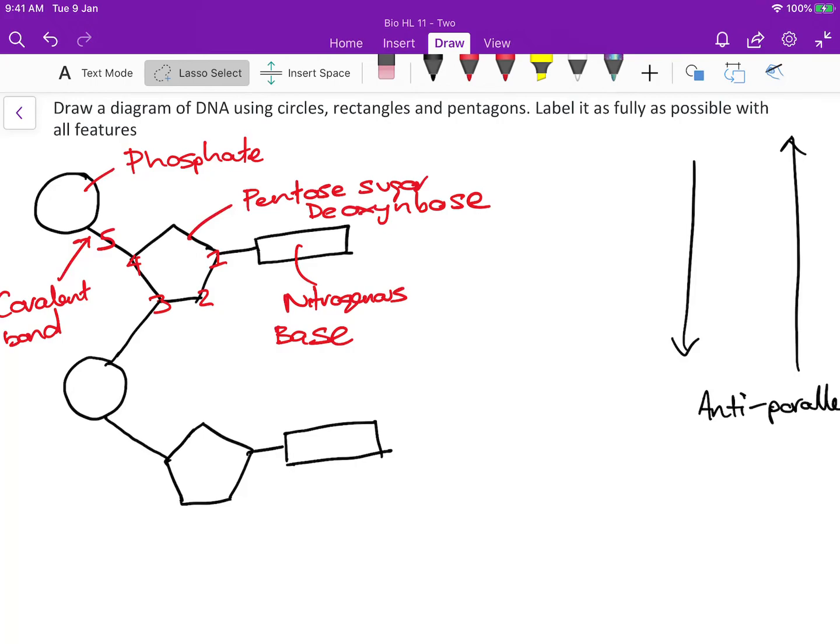And then what I'm going to do is, to make sure they match up, I'm going to start at the rectangle. And then I'm going to draw the same thing that we had on the other side. I'm going to link it to my pentagon.